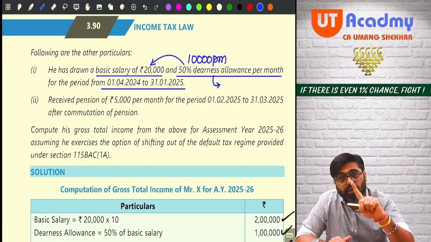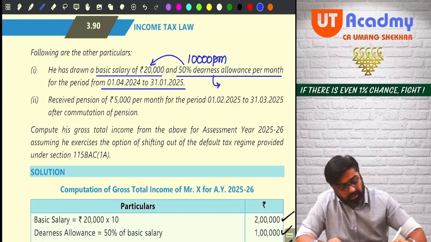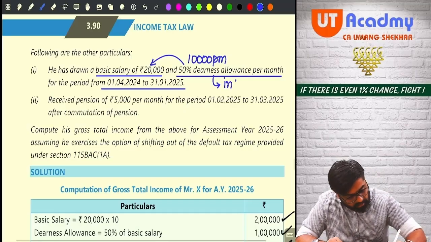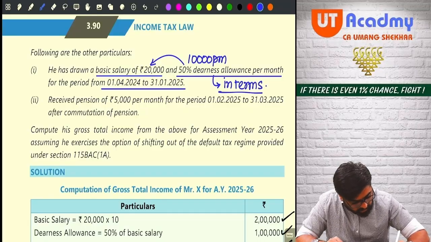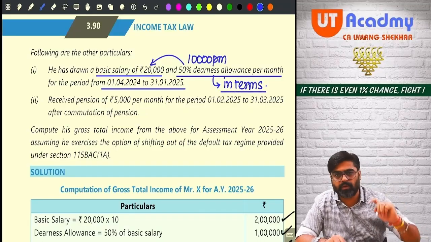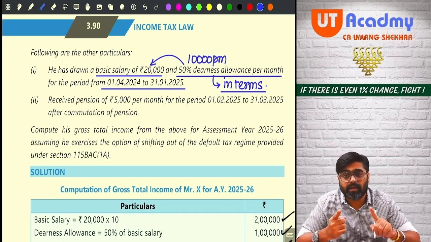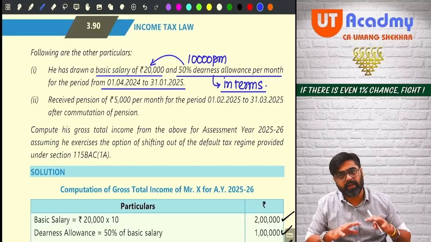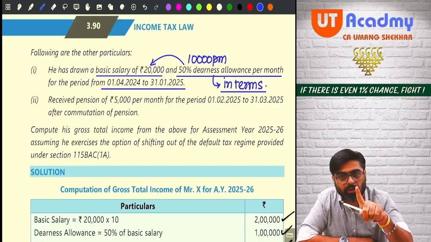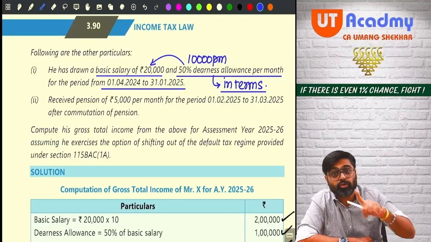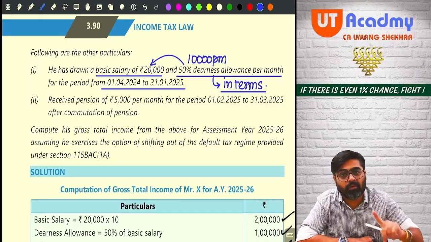We will say that this DA is in terms. We will write down a note for this: in the absence of any information regarding the DA, we have assumed that DA is in terms. And I will prove also that this DA should be in terms only.